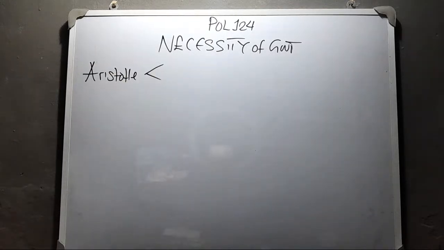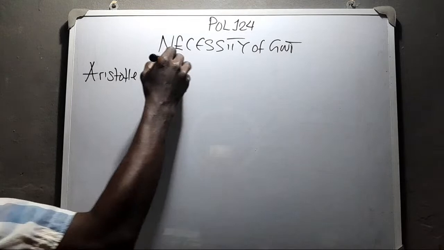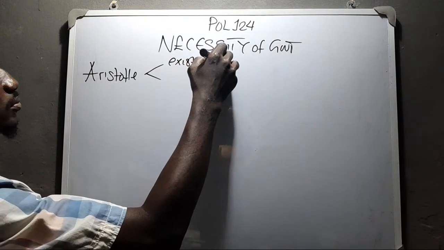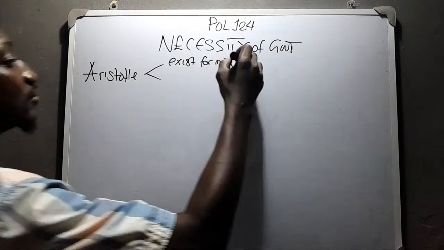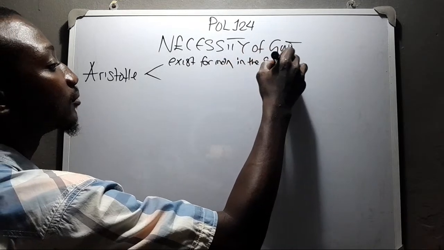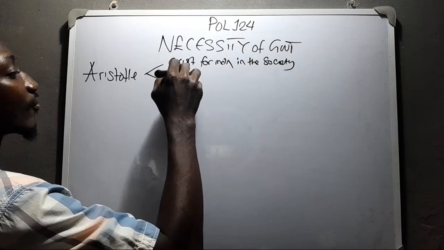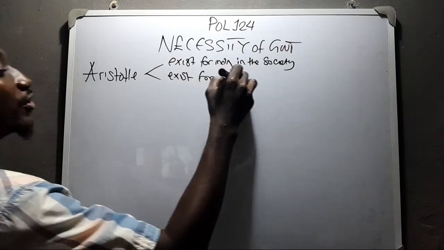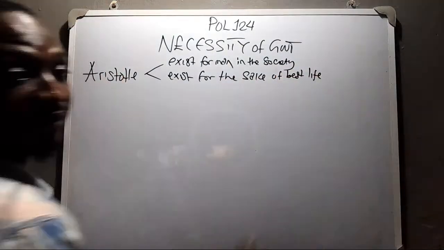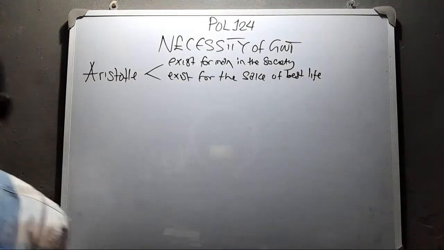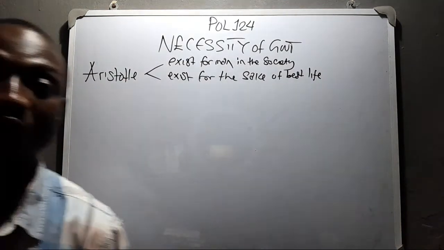Now Aristotle here says that government exists for man, and exists for man in society, and it exists for the sake of best life. That is from Aristotle.